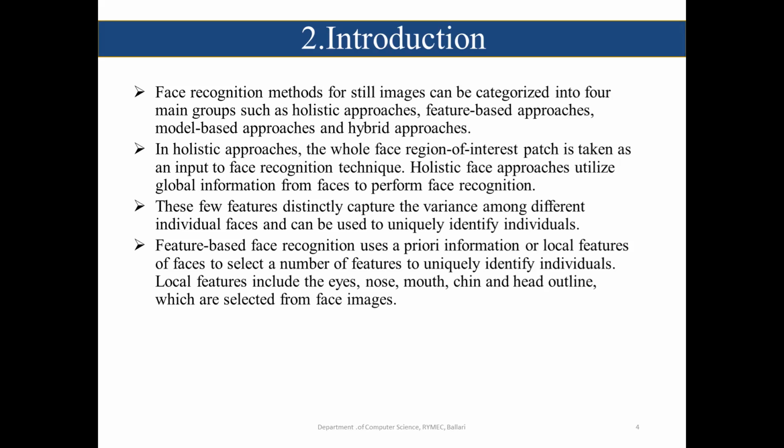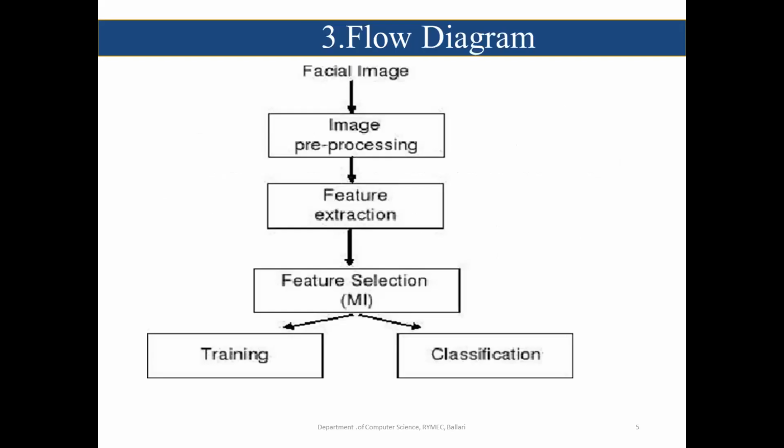Feature-based face recognition requires a priori information, or we can say local information of features, to select a number of features to uniquely identify the individuals. Local information or local features include information like eyes, nose, mouth, chin, and head outline, which are selected from the face images. Now, let us look into the flow diagram of this process.